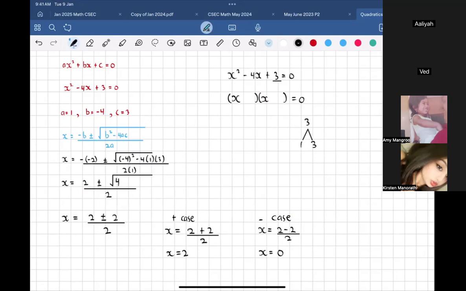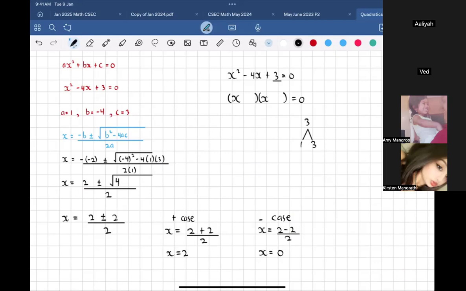No. Is there any other way I could get positive 3? You might have to think out negative. Who's real negative in class? Kira? Yeah, minus 1 minus 3. Yes. Because a negative by a negative is a positive, right?